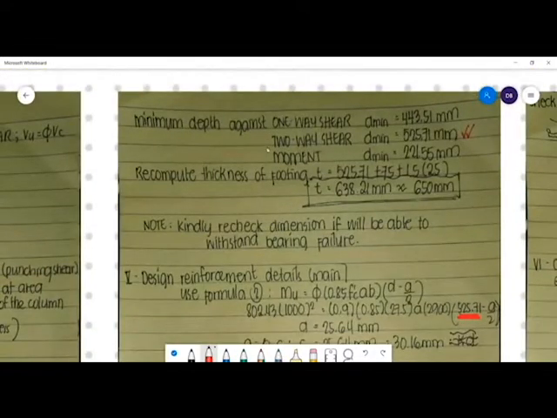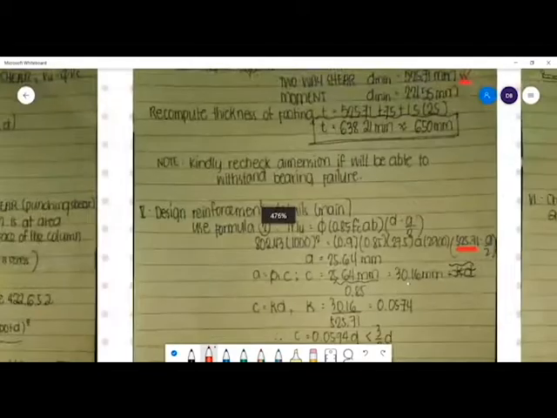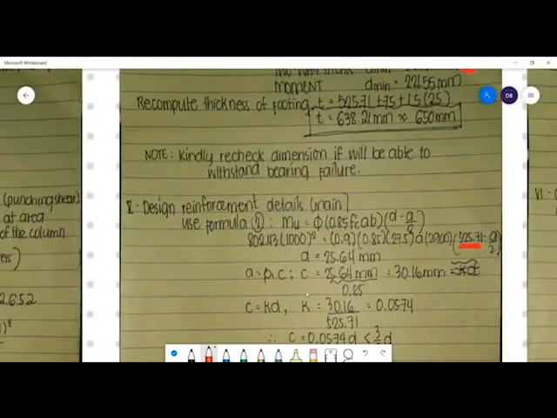Why? Because that is the minimum depth, since we have to consider two ways here. Since we know that the minimum depth for moment is 221.55, using a higher value, we know it's really safe.